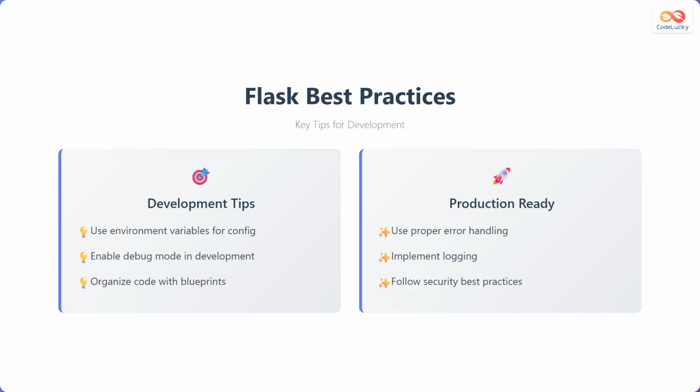Implement proper error handling with custom error pages and logging to track issues in production. Use Flask's built-in security features and extensions like Flask-WTF for CSRF protection. Validate all user input and sanitize data before processing. Follow the principle of least privilege when setting up database connections and file permissions. Write unit tests for your routes and business logic. Use virtual environments to manage dependencies and ensure consistent deployments across different environments.